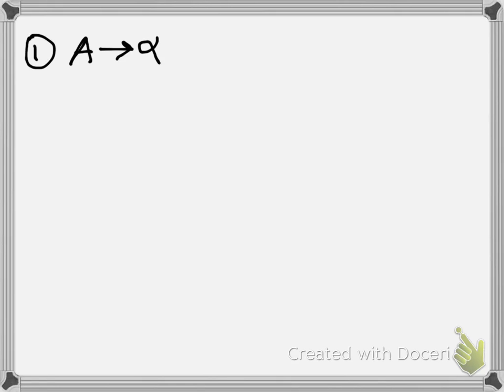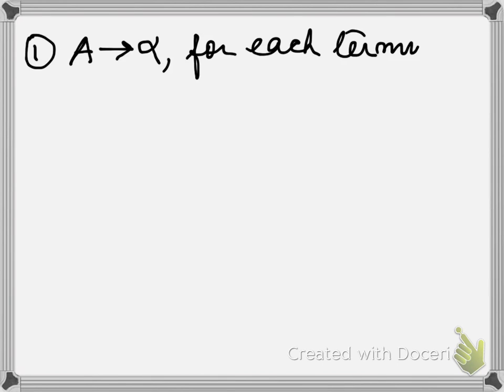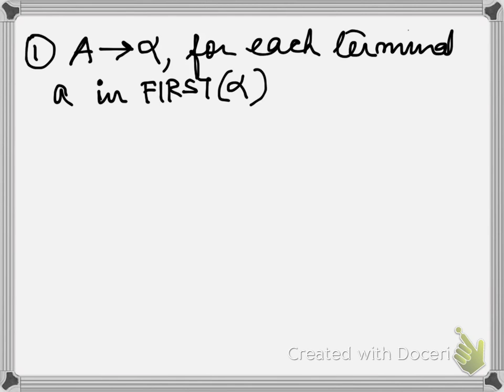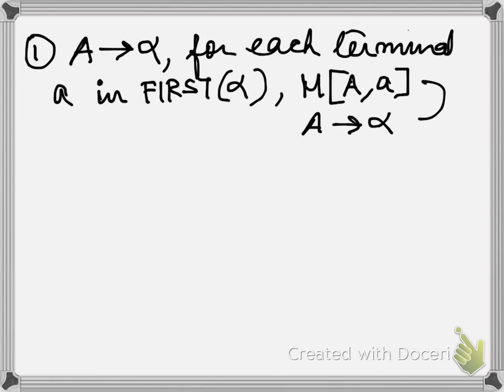For each terminal a in first of alpha, we make an entry: we enter the production A derives alpha in the cell M[A, a].